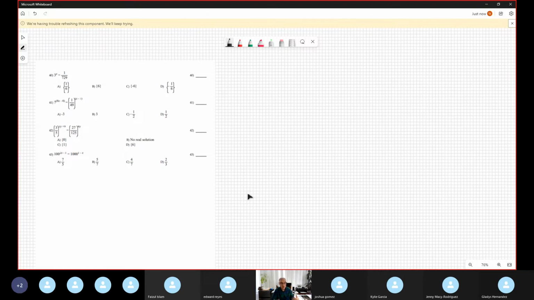It's good because it's repetition, and little by little, you memorize. 40 is here. 40. It's 3 to the x is equal 1 over 729. So they want you to solve for x.